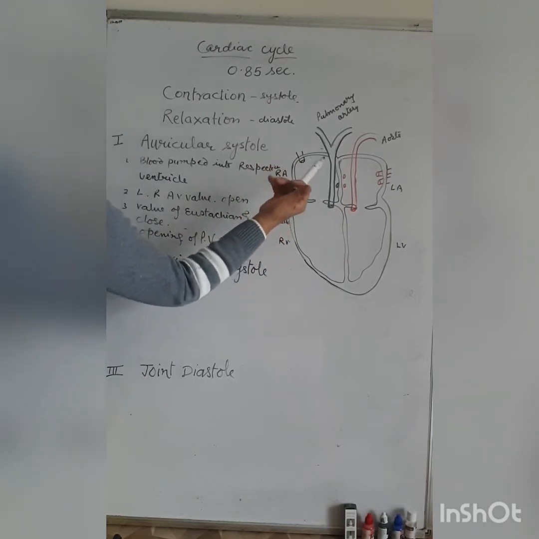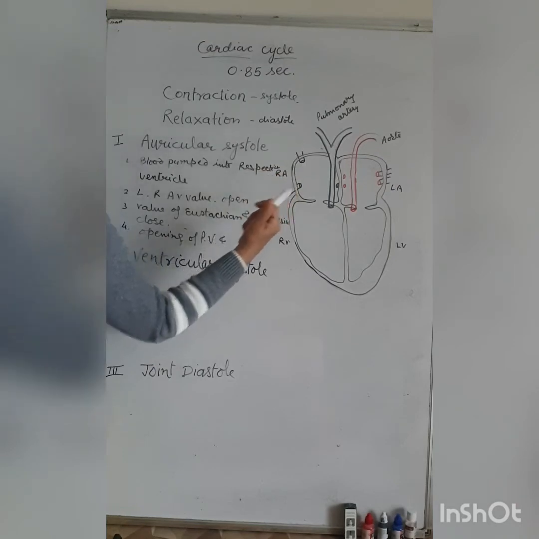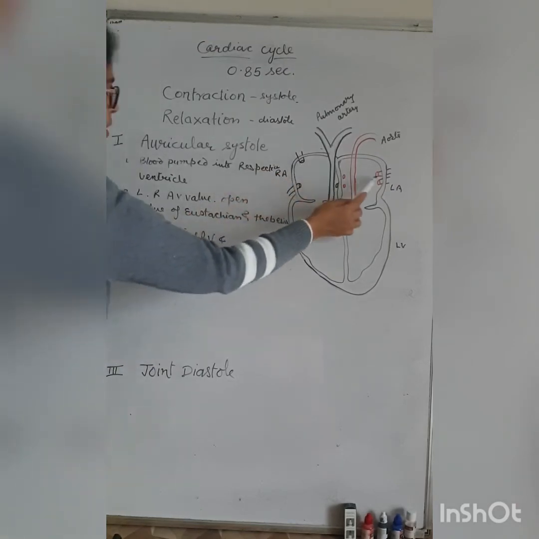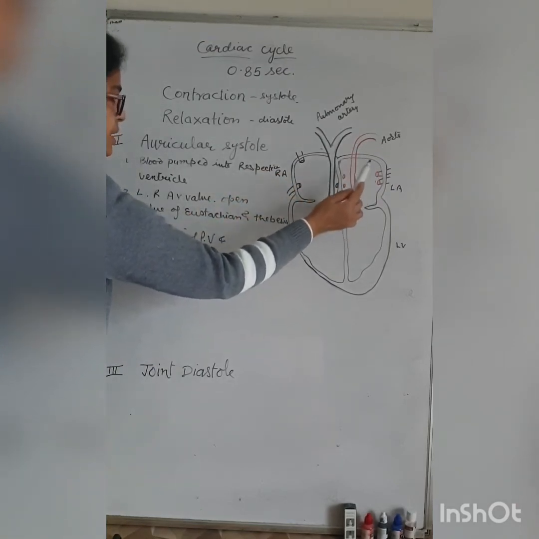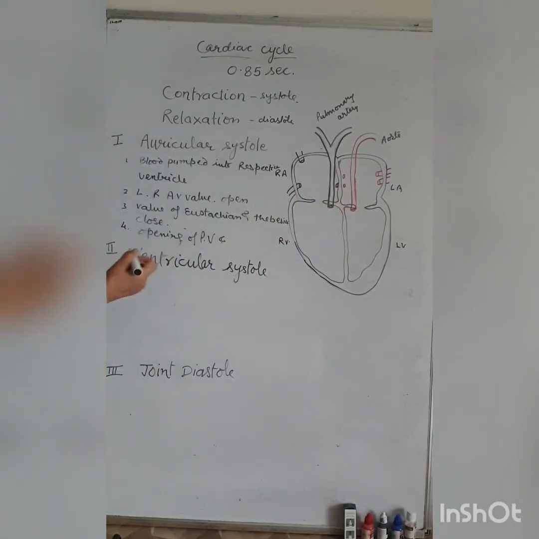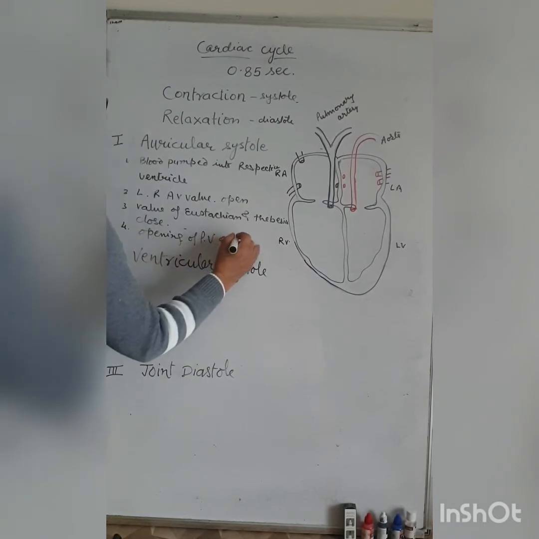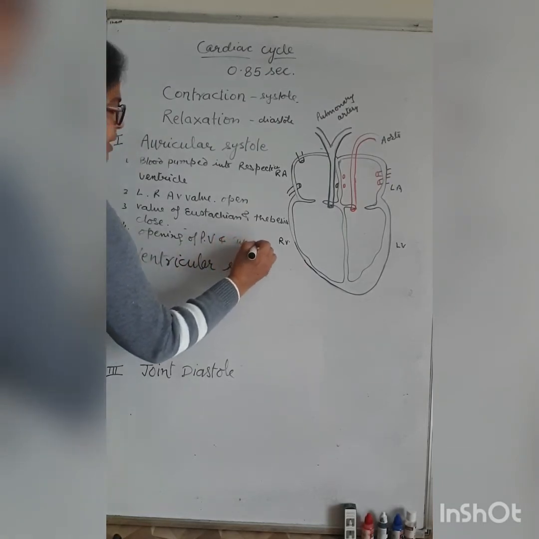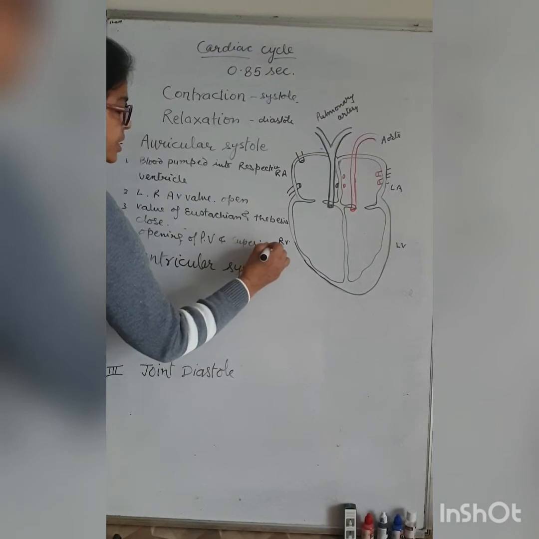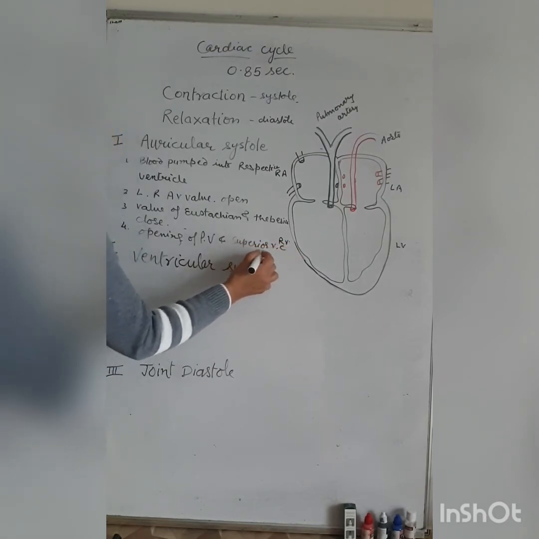When the auricle contracts, this opening automatically contracts. So these openings are closed by their wall itself. So the opening of the pulmonary vein and the superior vena cava closes.